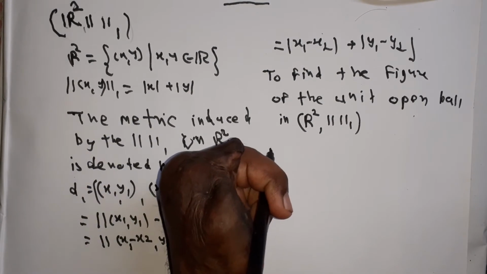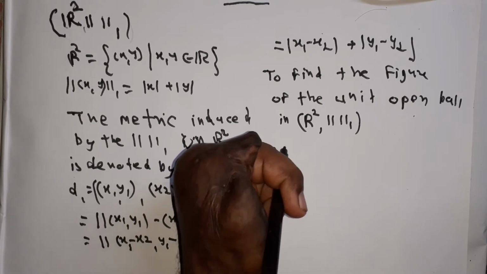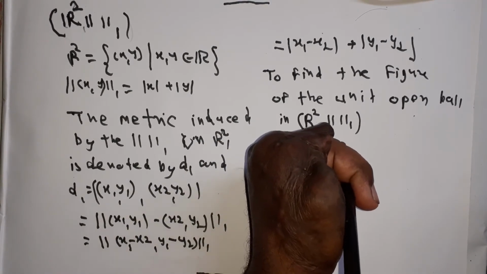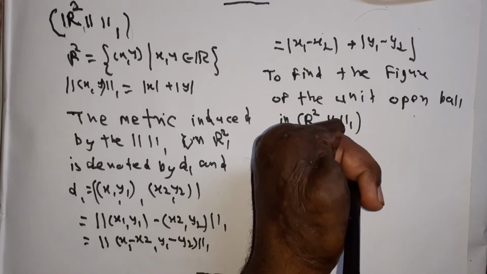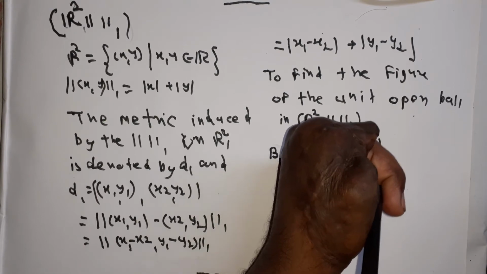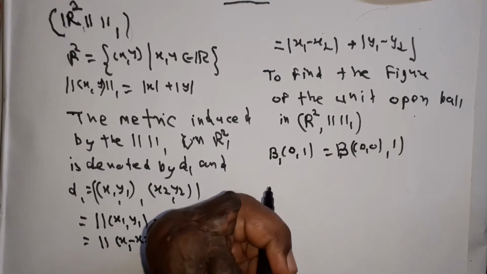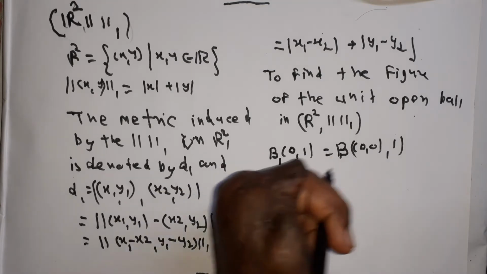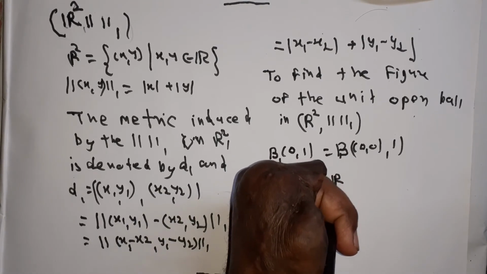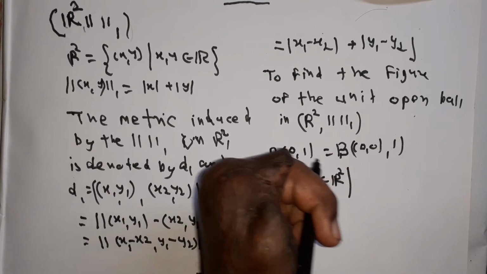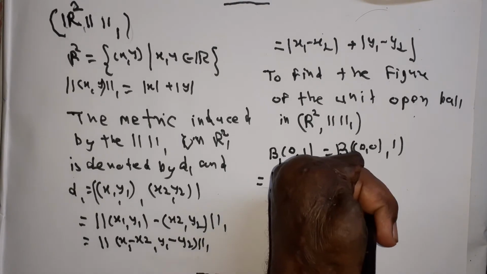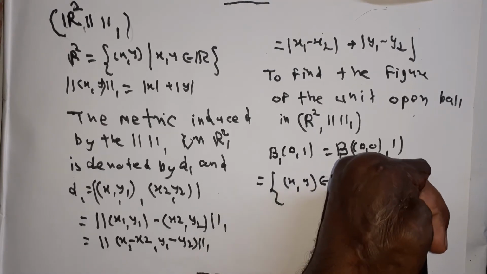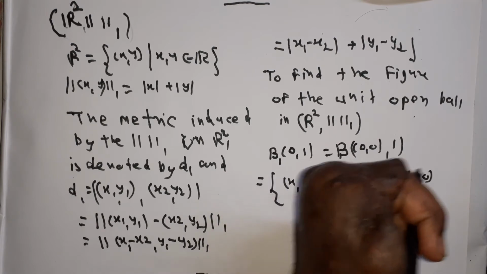Now, the ball B1 of 0 comma 1, that is the open ball in the metric space R2 with norm 1 centered at 0 comma 0 with radius 1, is the set of x comma y belonging to R2 such that the D1 distance between x comma y and 0 comma 0 is less than 1.